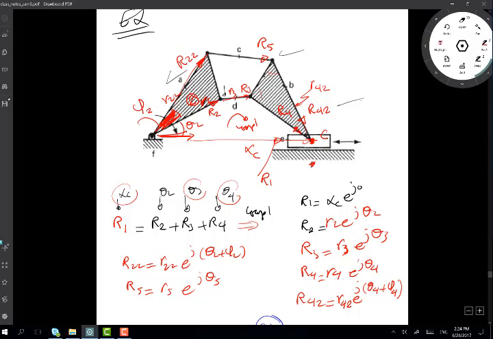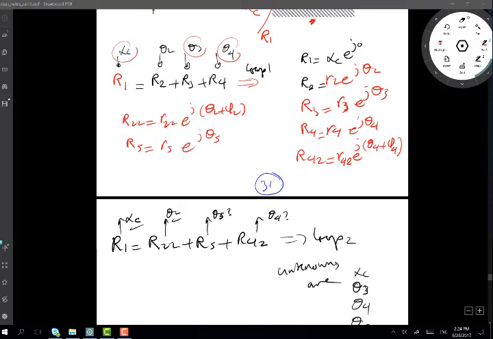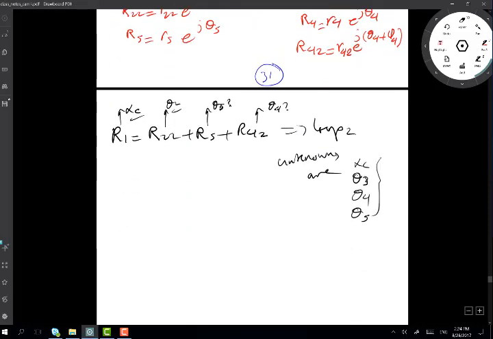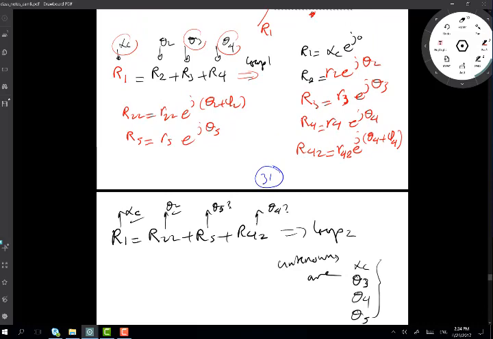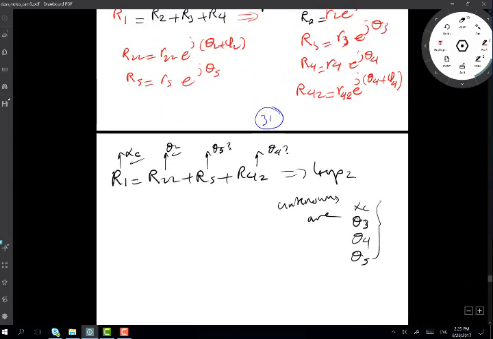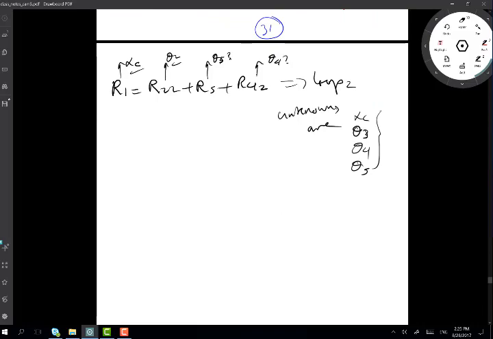This link has θ3, this one has θ5, this one has θ4, and this one has x as an unknown. 4 unknowns. Now I have 4 unknowns, and I have 4 scalar equations, because each loop closure will give me two scalar equations. So let's write them out and see what sort of equations we get.